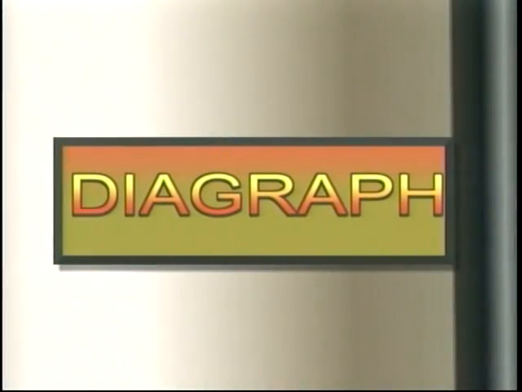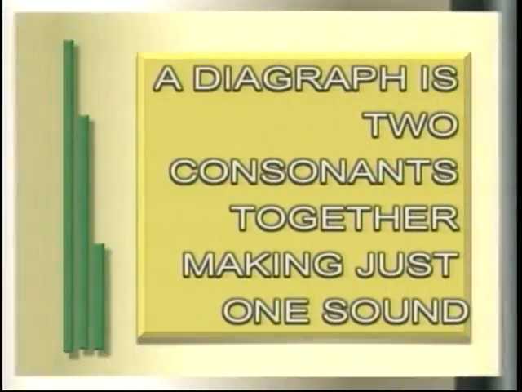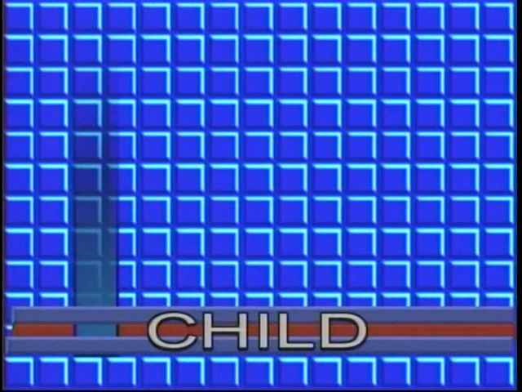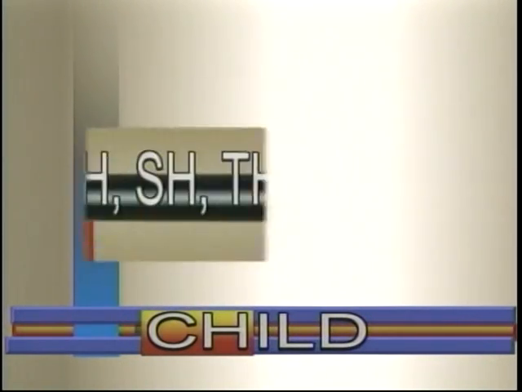Now let's see what a digraph is. A digraph is two consonants together making just one sound. For example, child. C and H, two consonants, make just one sound, ch, child.